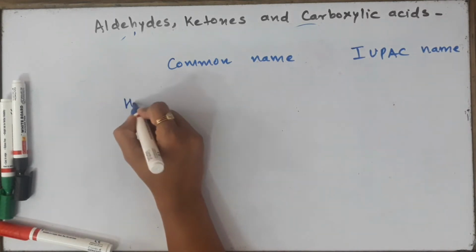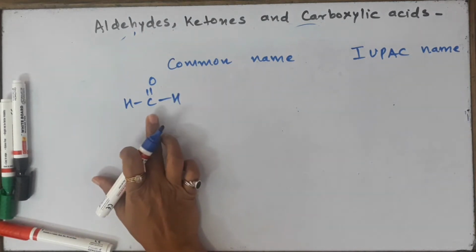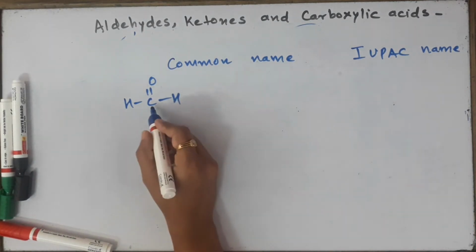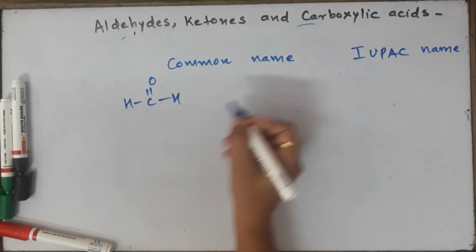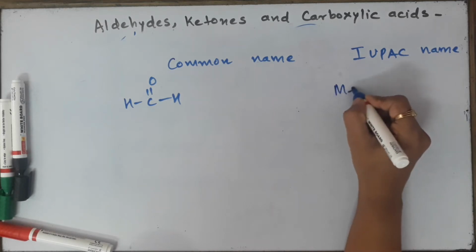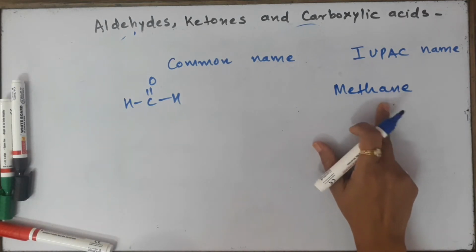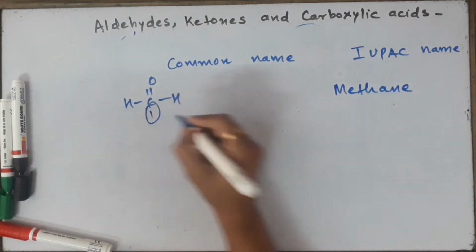First, I'll take the simplest aldehyde. For example, I'm taking this aldehyde. You can see this is the simplest aliphatic aldehyde and it has just 1 carbon atom. So we are going to call it in the IUPAC name as the derivative of the alkane, the derivative of the parent compound. Now look at the parent compound. It was methane because it contains only 1 carbon atom.